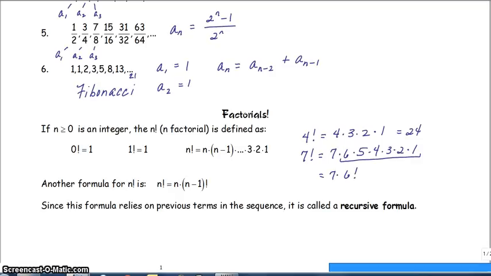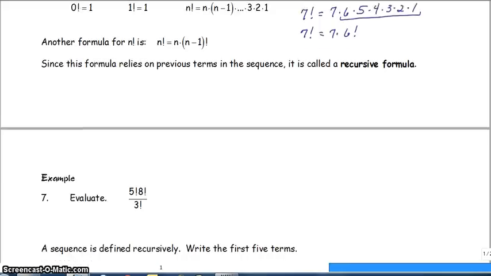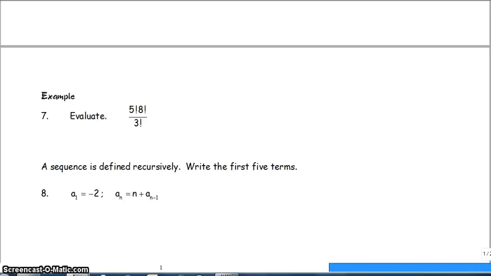And so what we have would be 7 times 6 factorial. And since we used the term before that, that's called a recursive formula. So whenever you have a formula that uses the term before it, we call that recursive. And we're going to look at some recursive definitions. But let's look at problem 7 first.